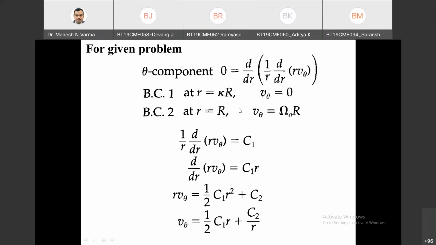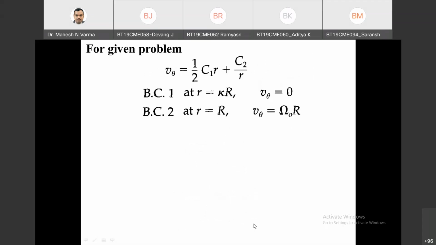Now if I substitute r equals kappa R here, v theta equals 0, and at capital R, v theta equals omega naught into R. Substitute this and get the values of C1 and C2, and rearrange the equation. So solve this equation for v theta, get the values of C1 and C2 using these two boundary conditions.